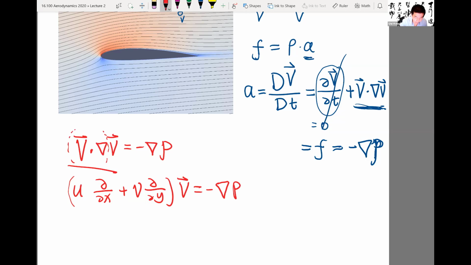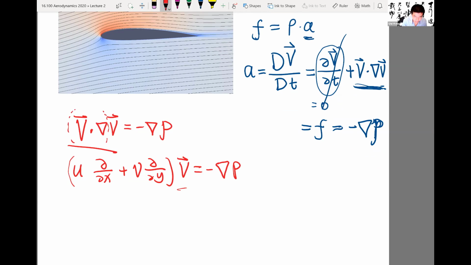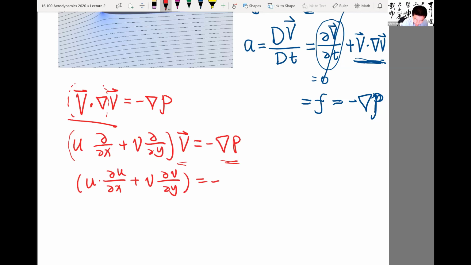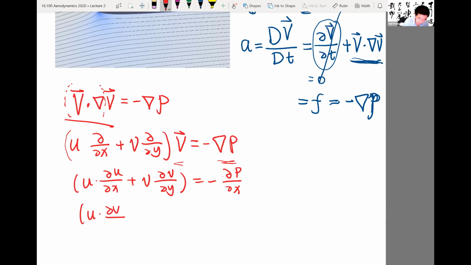grad P. Now let's also write these two vectors into its component form. So the first component is going to be u d dx of u plus v d dy of u equal to minus d dx of P. The second component is u d dx of v plus v d dy of v.